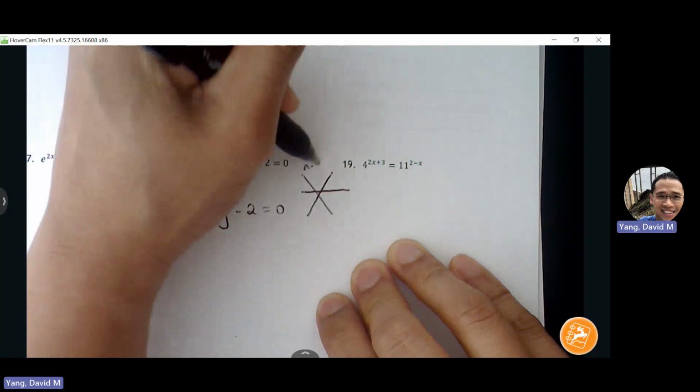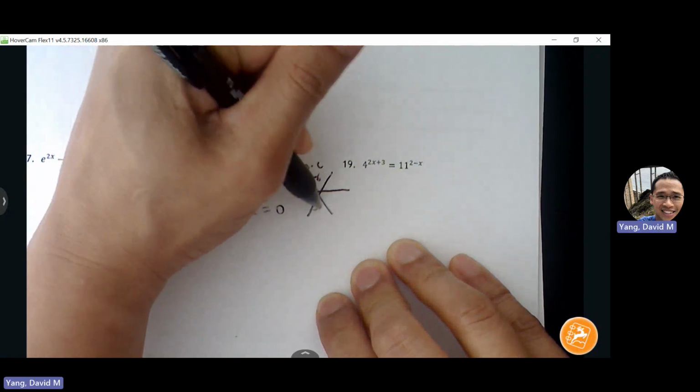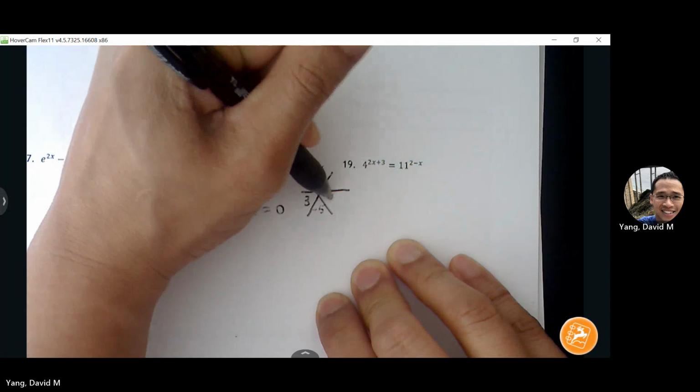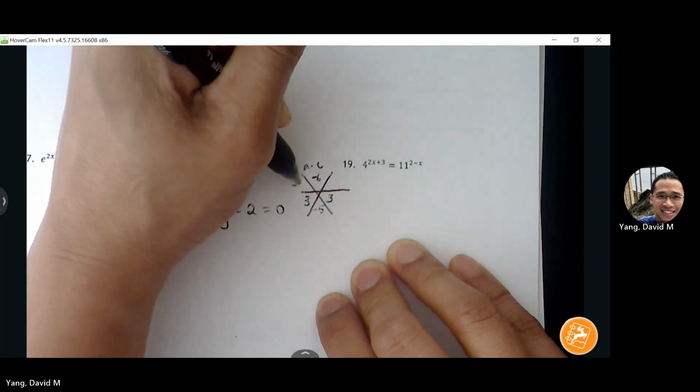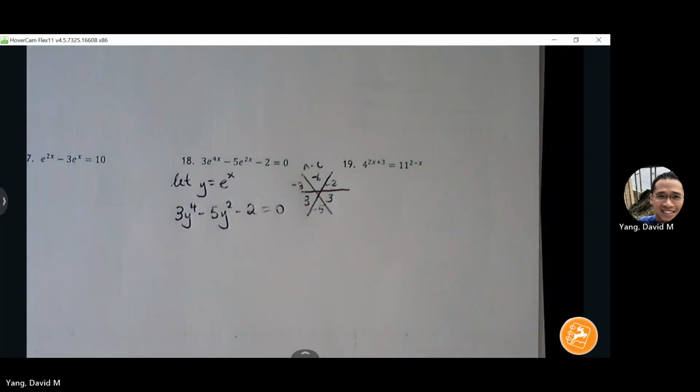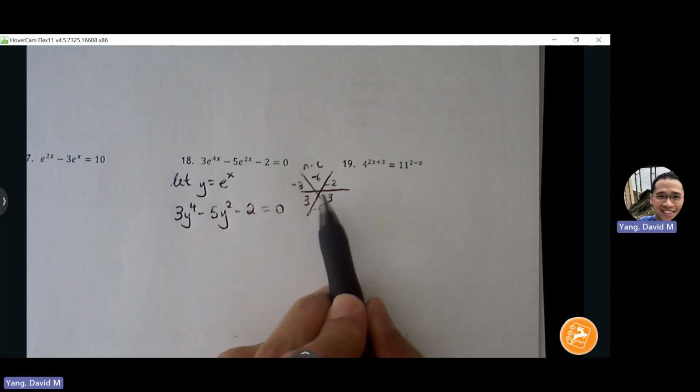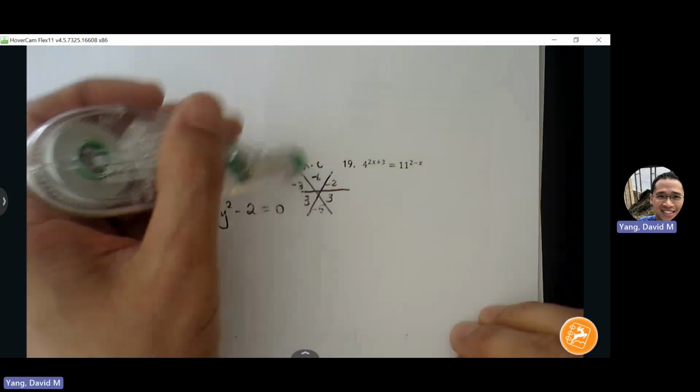Multiplies to be -6, adds to be -5. Let me see here. Sorry, I got to multiply to be -6, so that's not going to quite work.